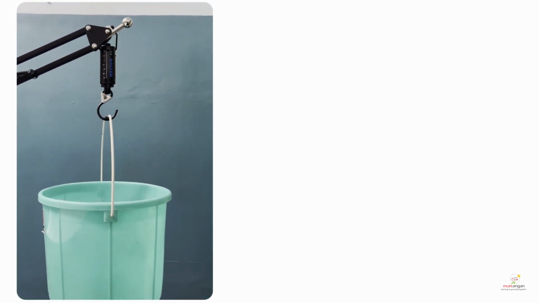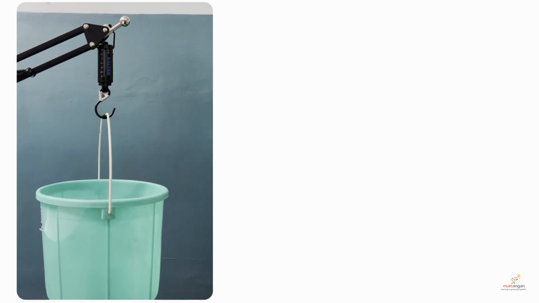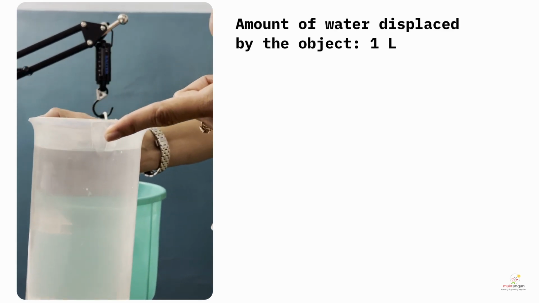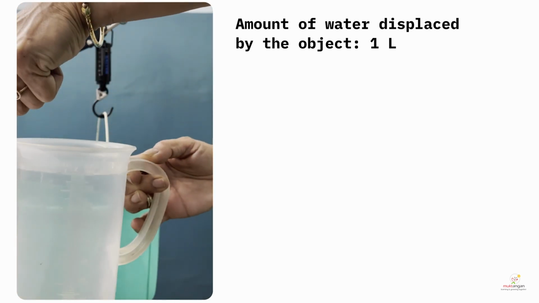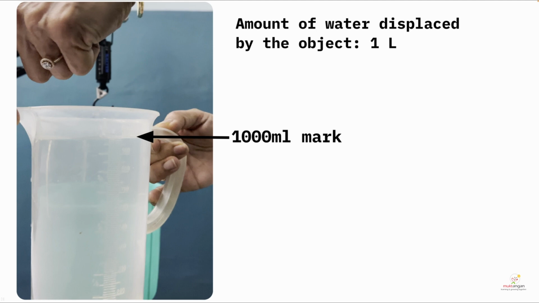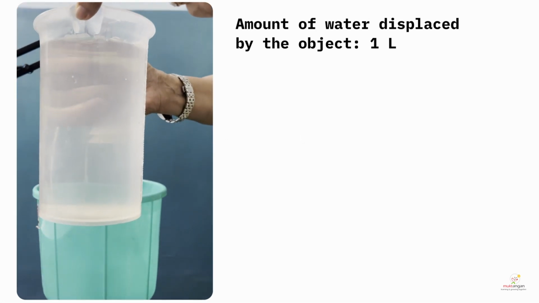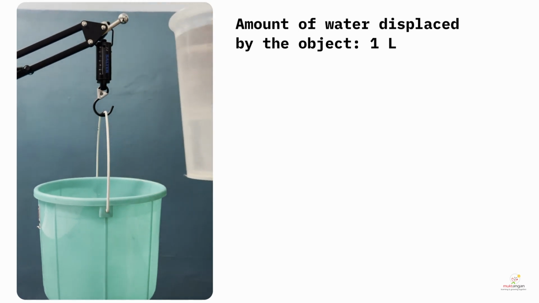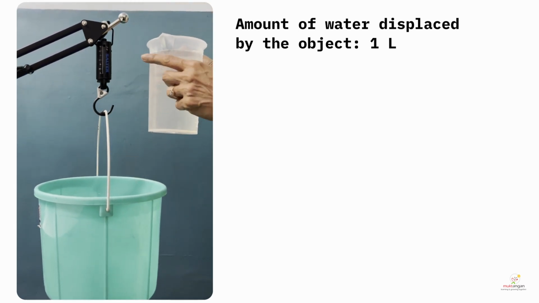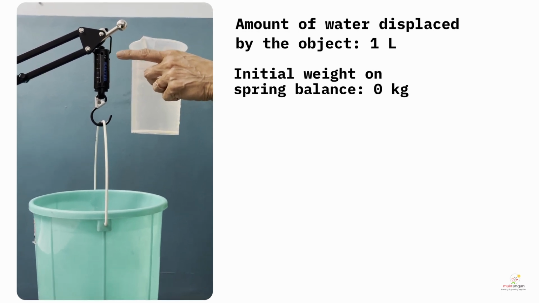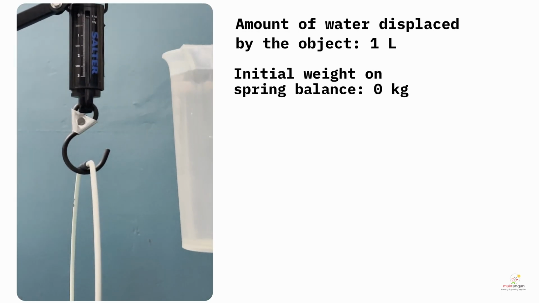I'm going to use the spring balance again. Okay, so the amount of water displaced by our object was 1 liter. As you can see, it's exactly 1 liter. Now we have to see how much our 1 liter of water weighs. So this is our spring balance and it's already calibrated at 0 kilogram.